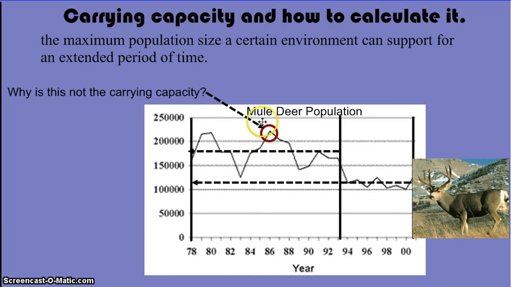The reason this isn't the carrying capacity is because the environment can't support that many. If it could, the population wouldn't go down when it reaches high levels like that. Every time the population gets up this high, it declines, meaning the environment can't support that many individuals. Okay, so the carrying capacity really is an average.